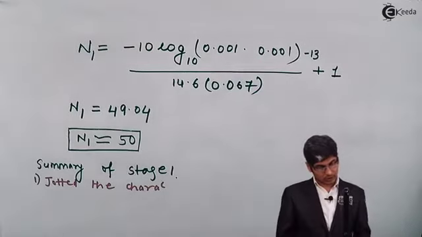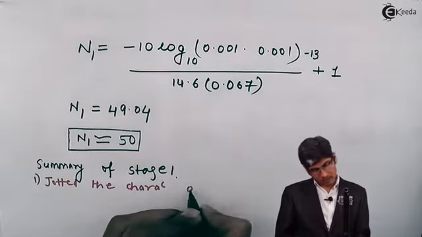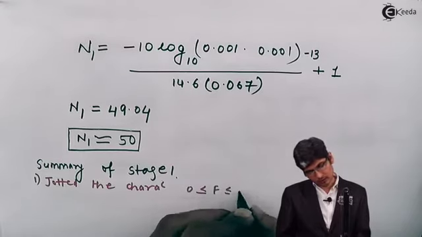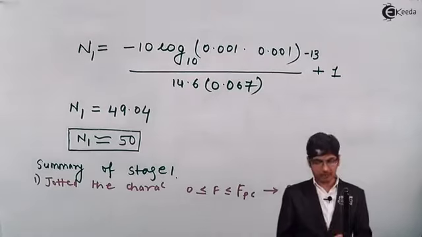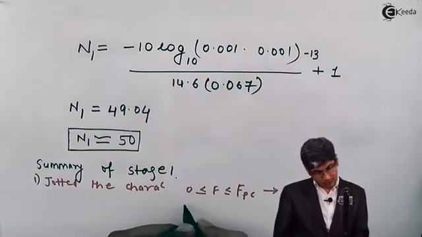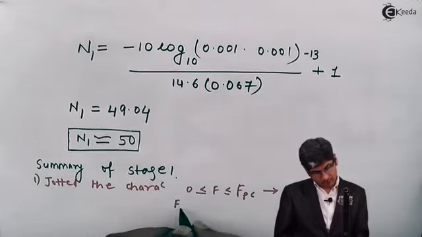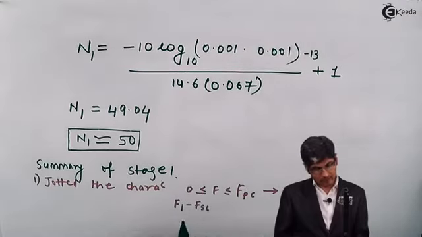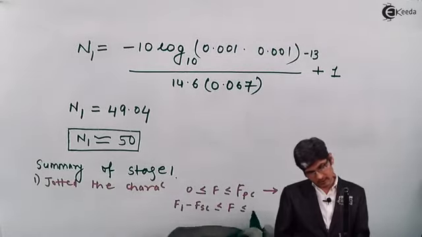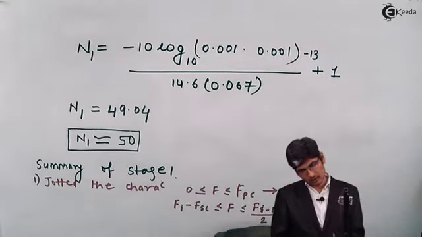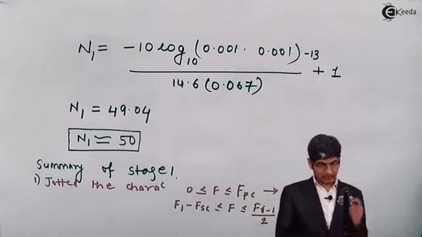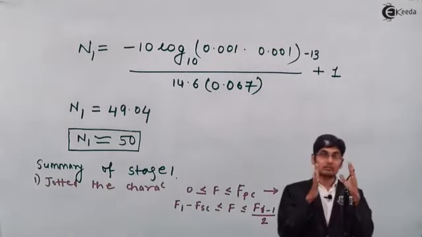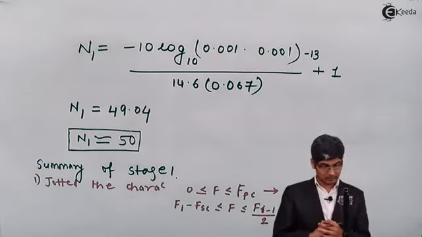We jotted 0 less than or equal to f less than or equal to fpc, which are the pass band characteristics. Then we jotted fi minus fsc less than or equal to f less than or equal to fi minus 1 by 2 as the stop band characteristics. With these two characteristics, I got the transition or the actual requirement.